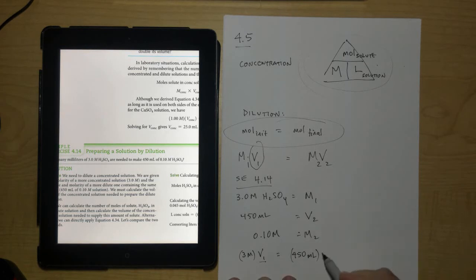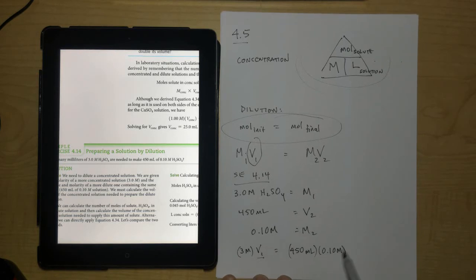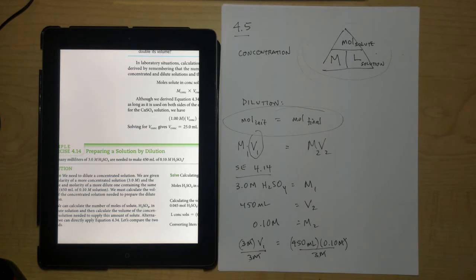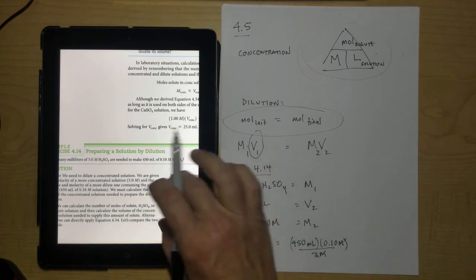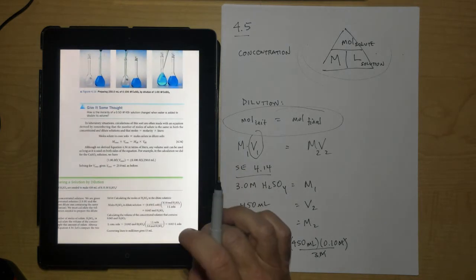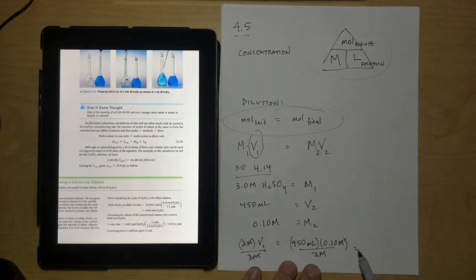Notice my molarities will cancel with each other because I'll end up dividing by 3 molar on both sides. And so I'll end up with my answer in milliliters. So 450 times 0.1 is 45. 45 divided by 3, I think that ends up being 15 milliliters.